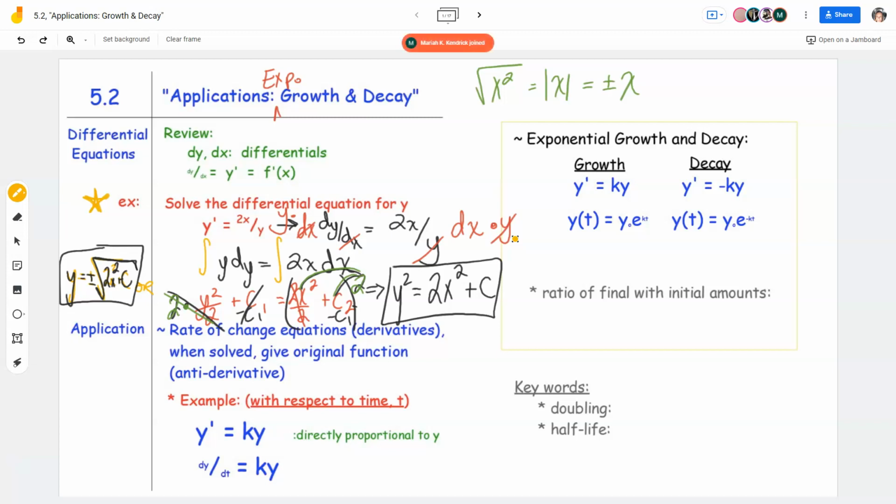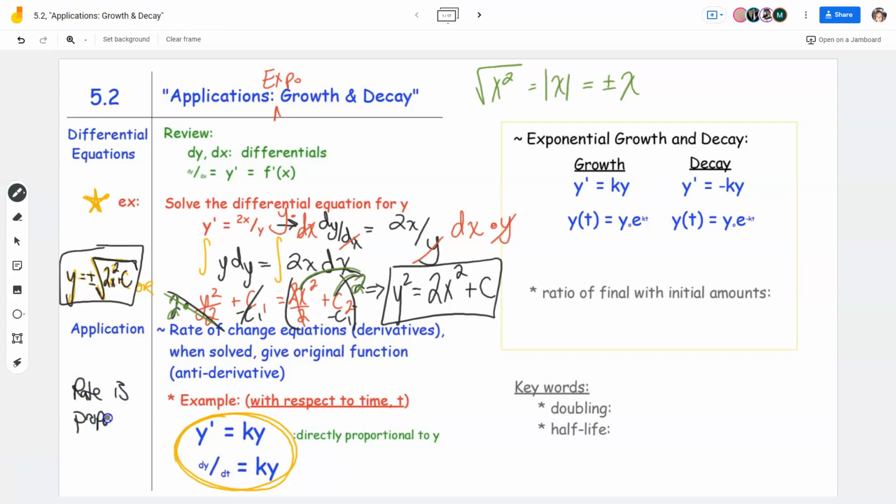But the crazy thing is that if we were to take this very, very special differential equation, one application, before we get really mathematical in 5.3 and say how messy can this get, is this special guy where the rate is directly proportional to the amount or the population.